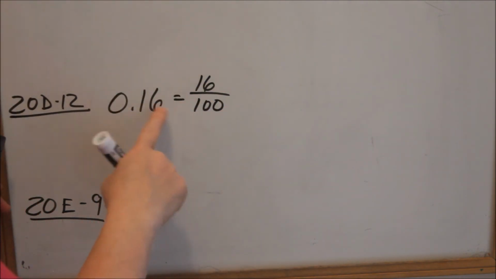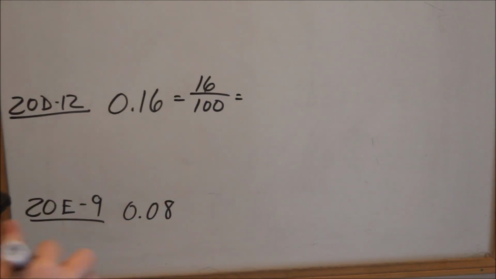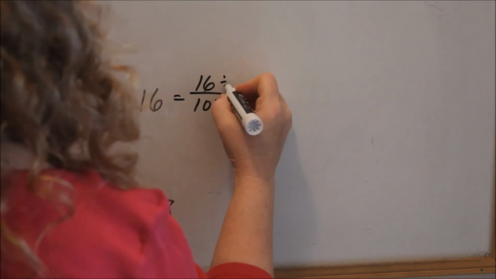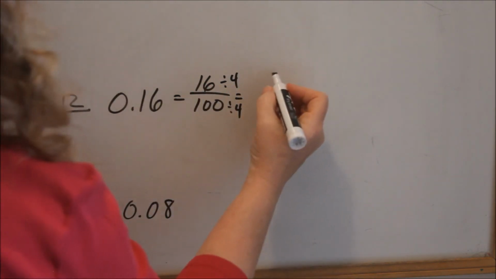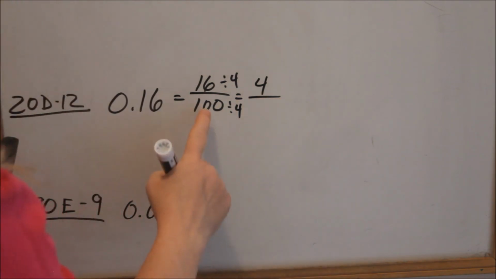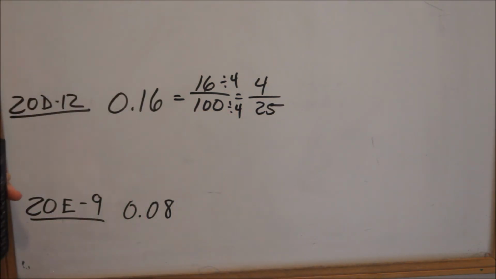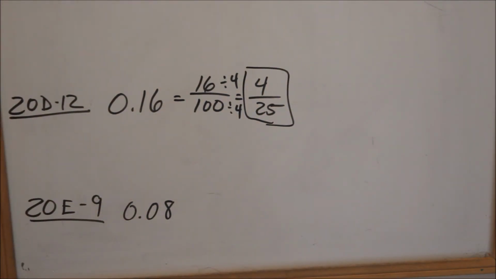The one way you can remember it is 2 decimal places, 2 zeros in your denominator. Okay? Then you always reduce. We can for sure reduce by 4 for both. 16 divided by 4, 4. 100 divided by 4, 25. And then I don't think you can reduce any more. So always reduce your fractions if you can.